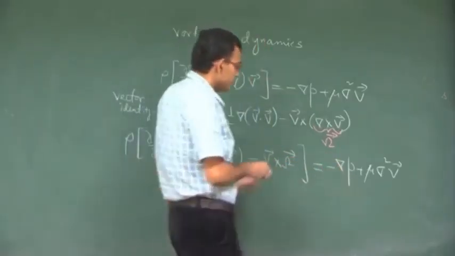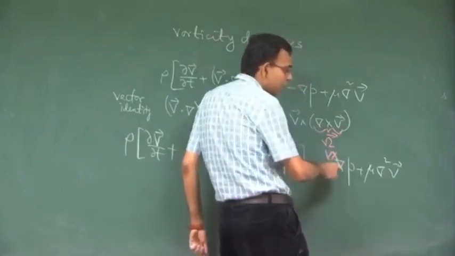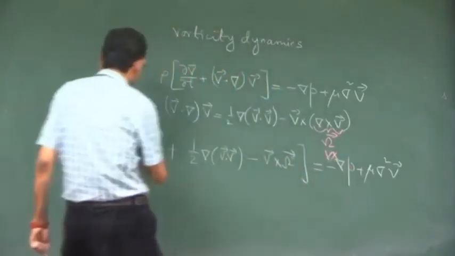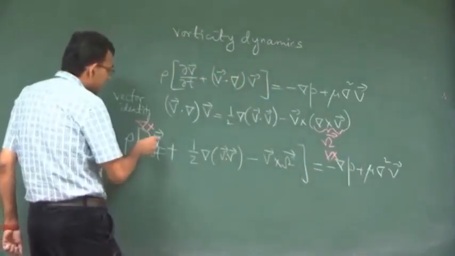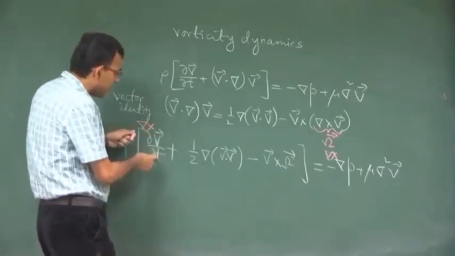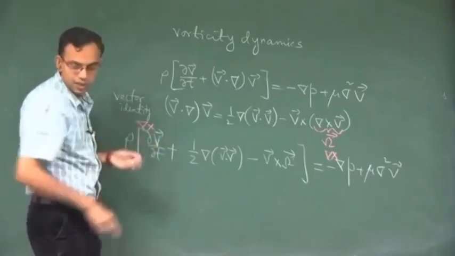So, to nullify this, you take curl of both sides, because curl of gradient of a scalar is a null vector. So, if you take curl of this, interestingly the velocity becomes vorticity, and it does not matter whether the time derivative is there, because curl is a spatial derivative, it does not conflict with the time derivative.